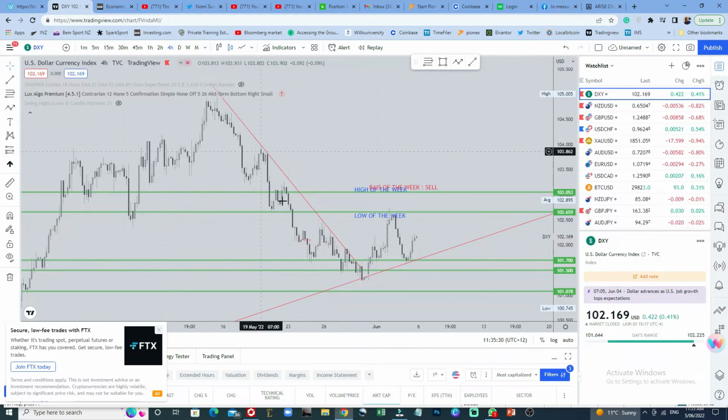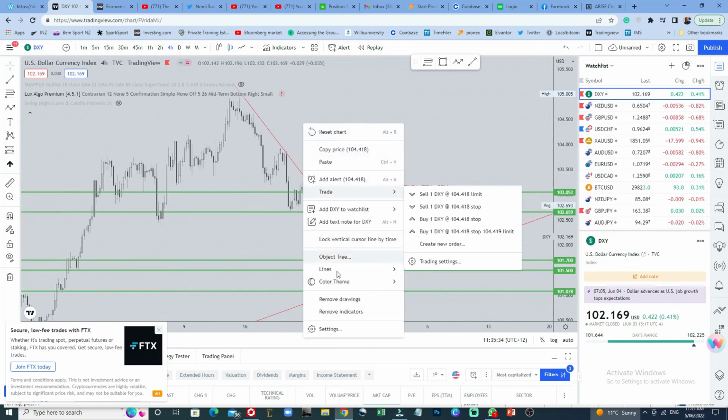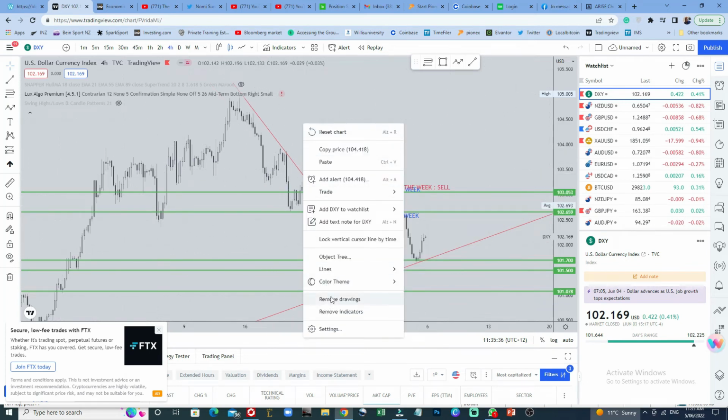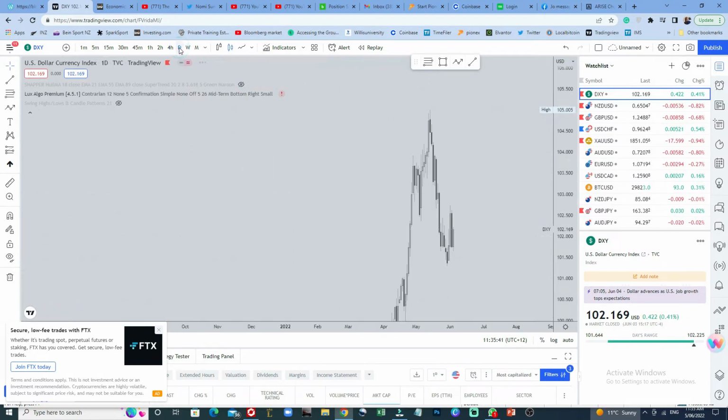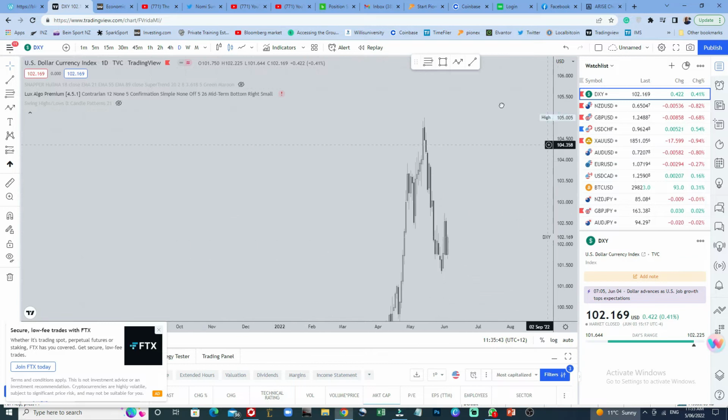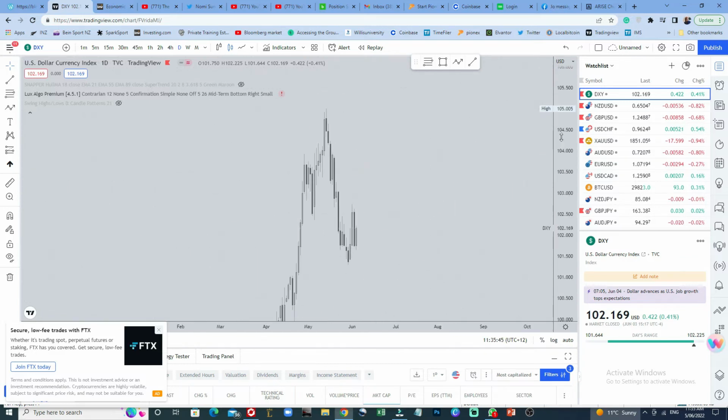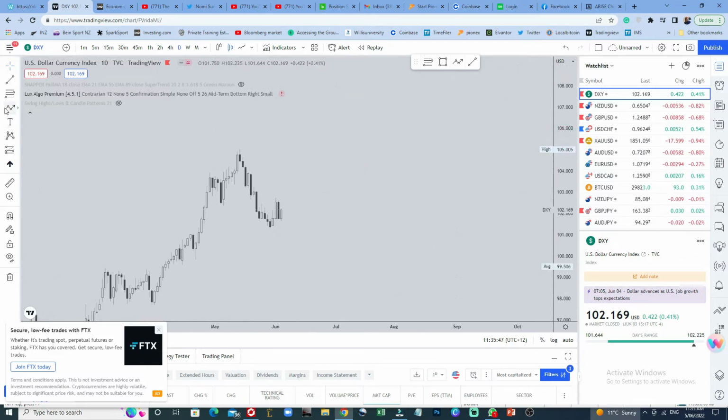Now here it's very simple. I can even remove all this and go to the higher time frame. Let's identify key levels. I can also identify the key level here as the major level.